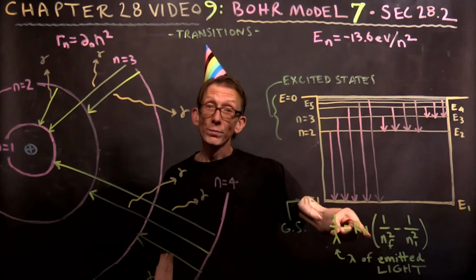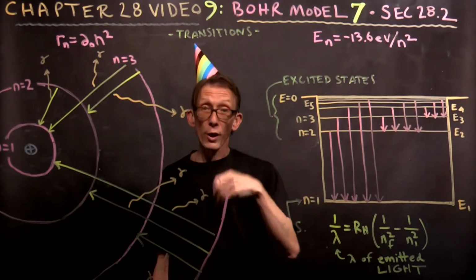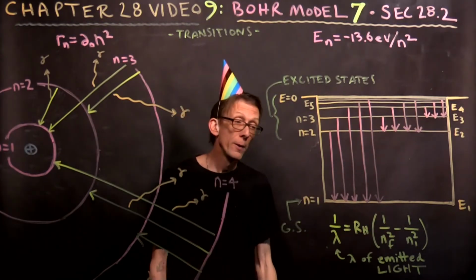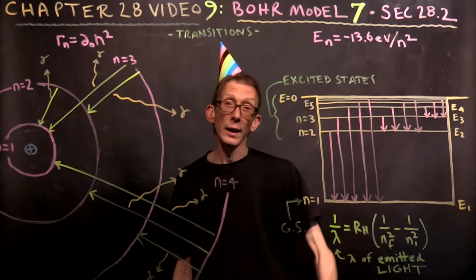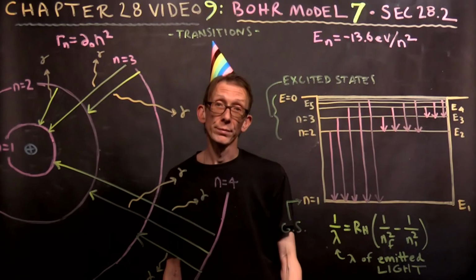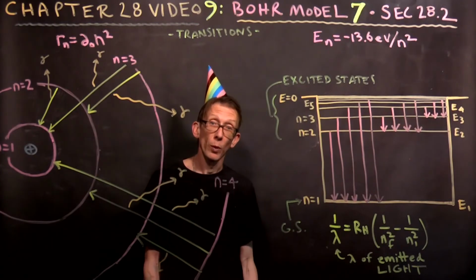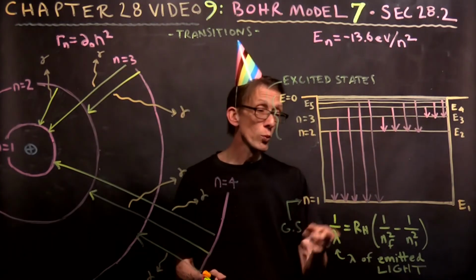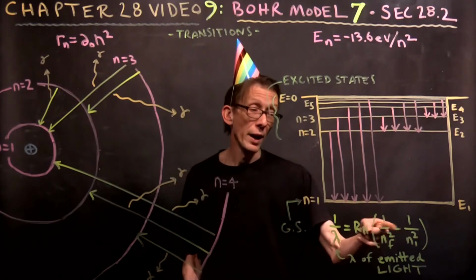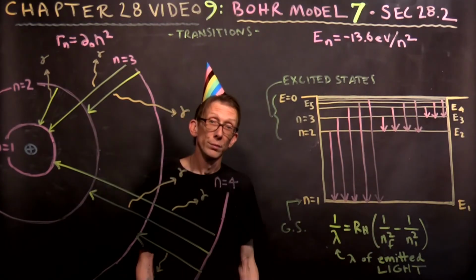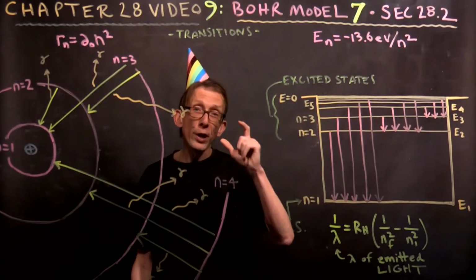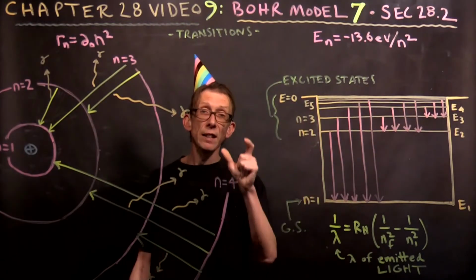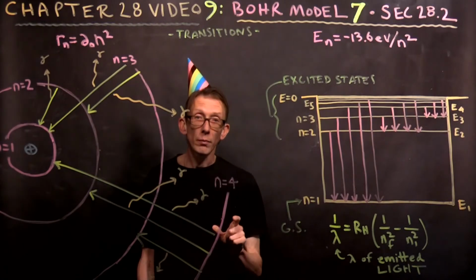This formula, the transitions formula, the third product of the Bohr theory, tells us what wavelength we get when we go from NI to NF. So all these transitions produce light, but every transition produces a slightly different color of light.